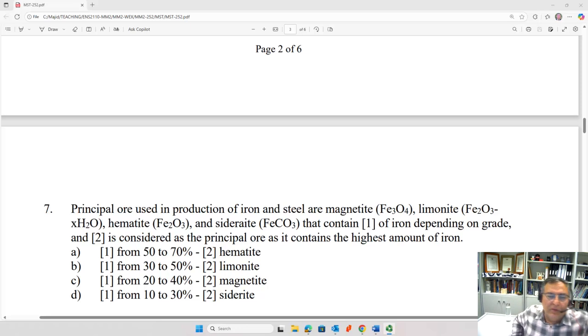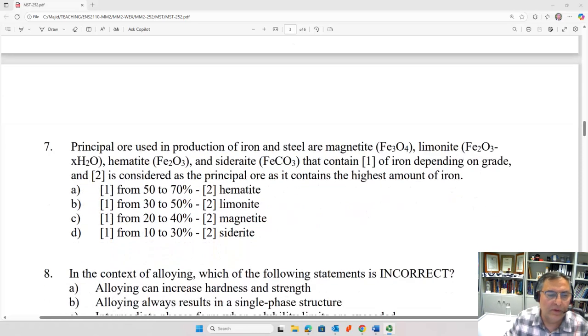As we discussed in the lecture materials, these types of iron ores contain 50 to 70% of iron, with hematite, which has got the highest content, and that is 70% iron. So A is the right choice.